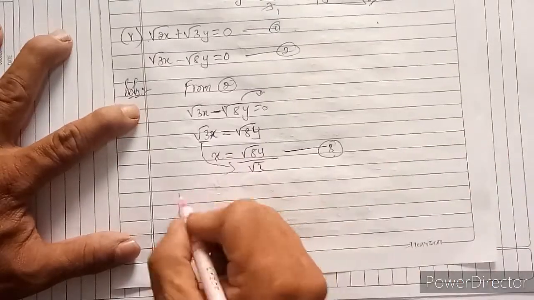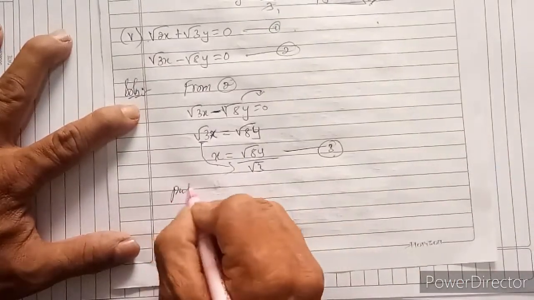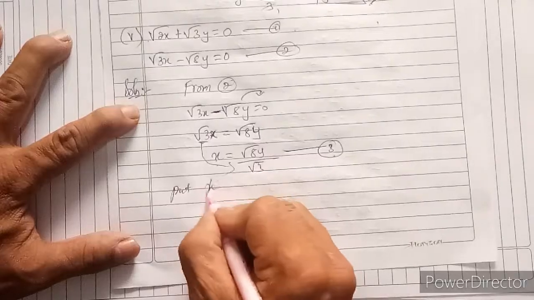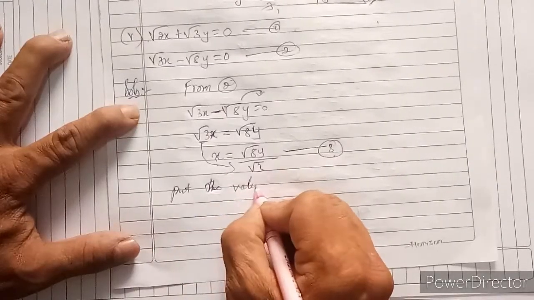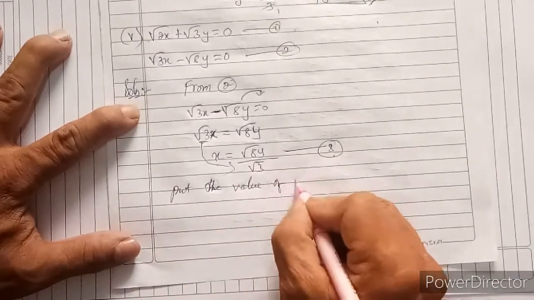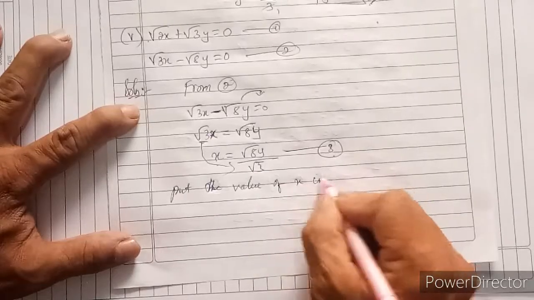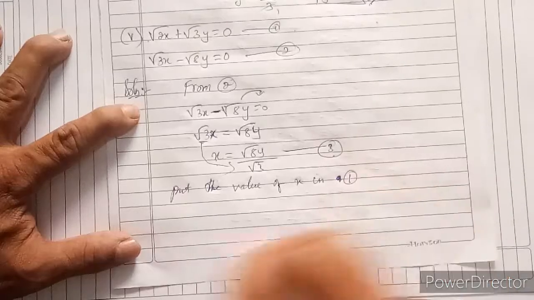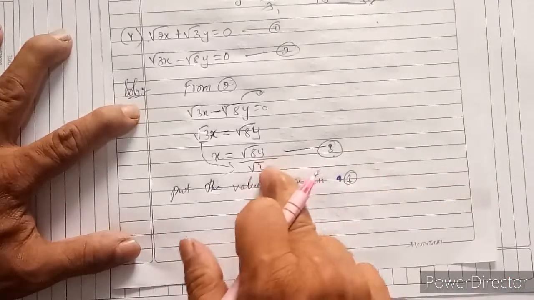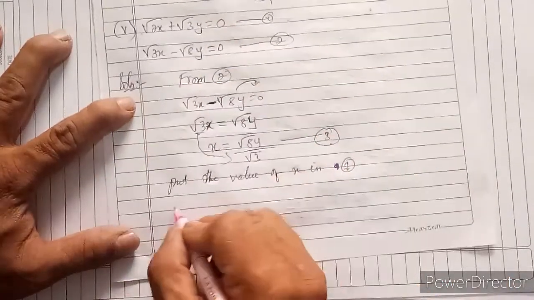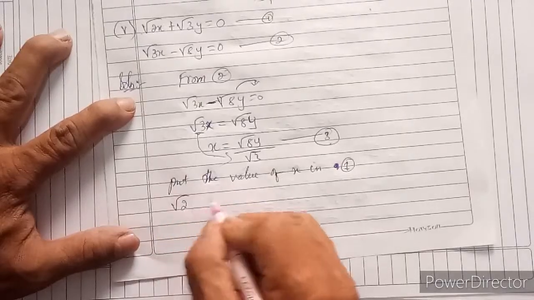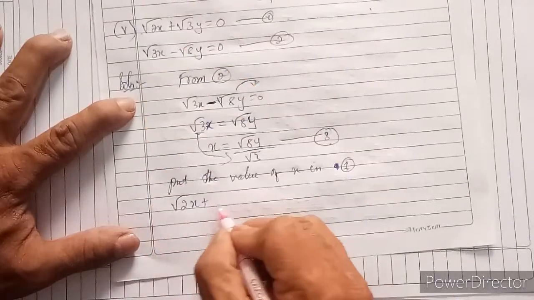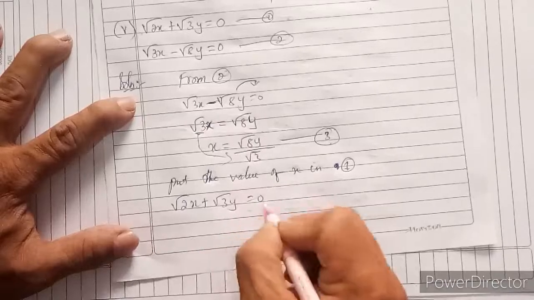After that, put the value of x, which we got from equation 2, in equation 1. See, root 2 times the x value is equal to 0.